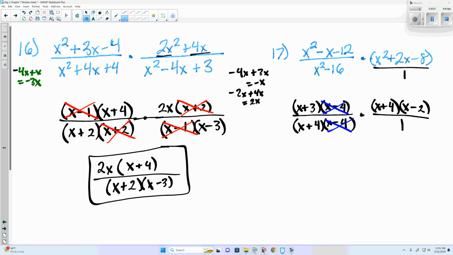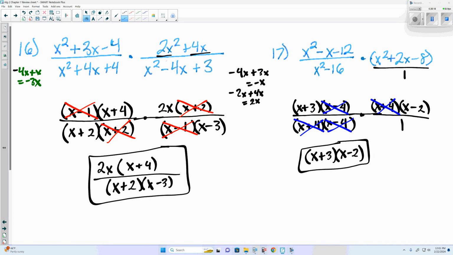Now when we multiply, we're really just sticking the numerators together and the denominators together, which gives us one more set of like terms, our x plus 4 and x plus 4, leaving us with x plus 3 times x minus 2.